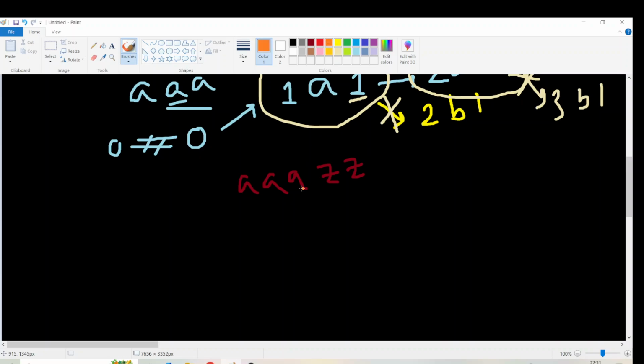We can't start a new streak from this part because we have only two characters left, so we can't start a streak from this i. We can only start a streak when n minus i, the total number of remaining characters, is greater than or equal to 3. So that's why this part is important.